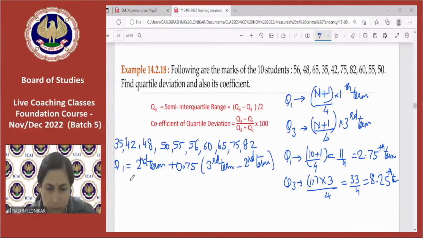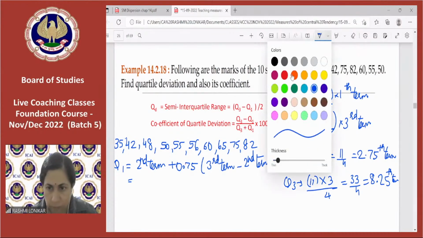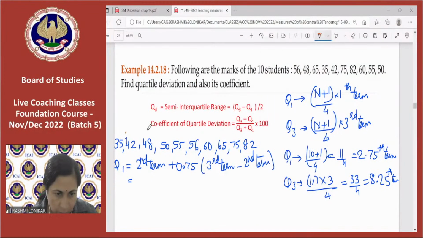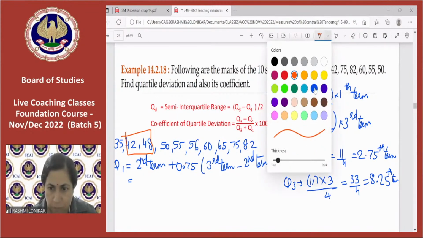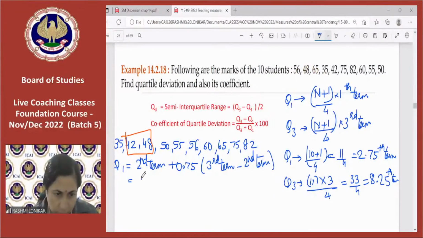The second term is how much? 1, 2. This is my second term and this is my third term. So the second term is 42 plus 0.75 into (48 minus 42).